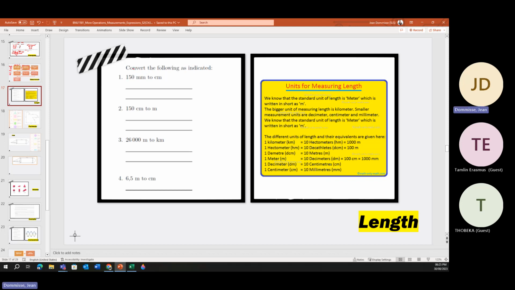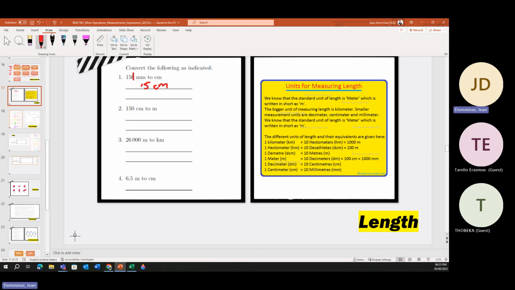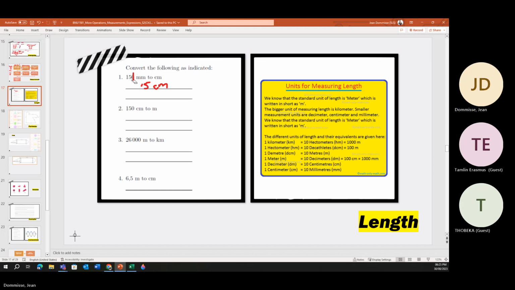If we convert millimeters to centimeters, you can see 1 centimeter is 10 millimeters. So 150 millimeters to centimeters will just be 15 centimeters. We just take off one of the zeros, so we end up with 15 centimeters.